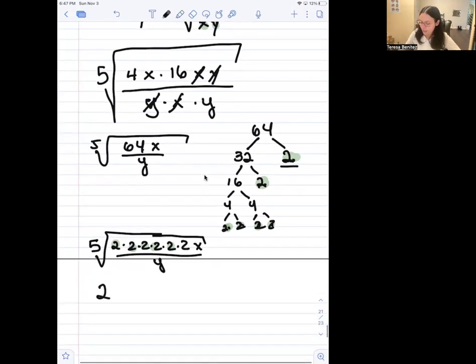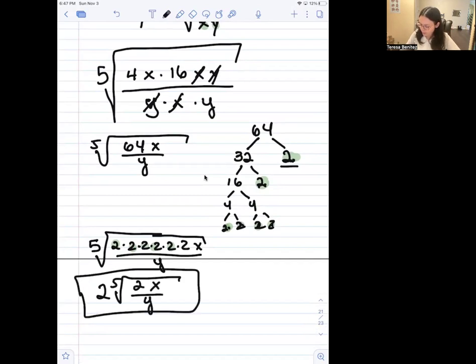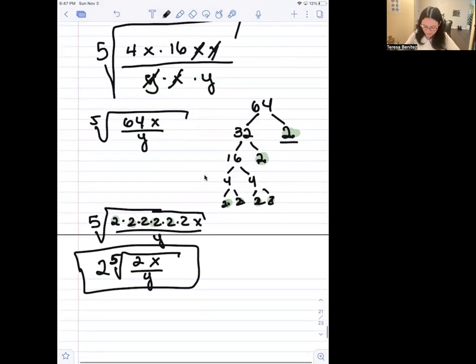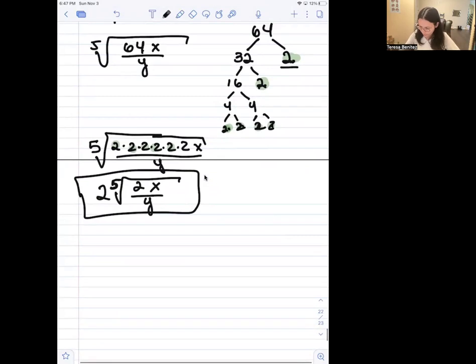The 5th root of that is 2. And still inside of my root, I have 2x divided by y. This is a 5 over here, not an s.